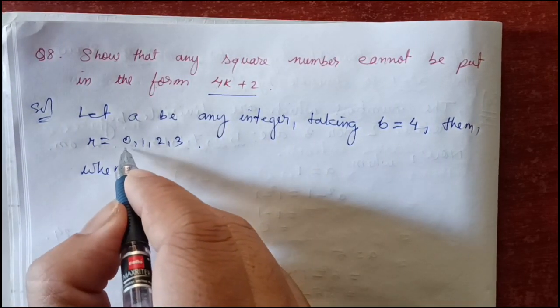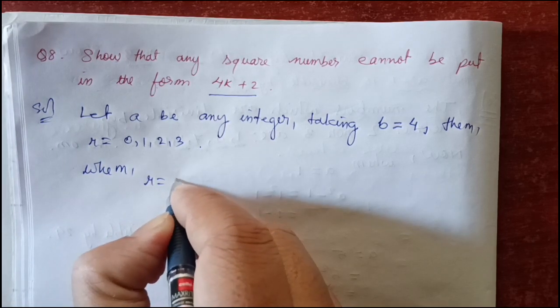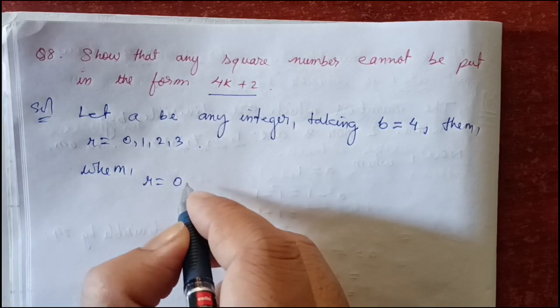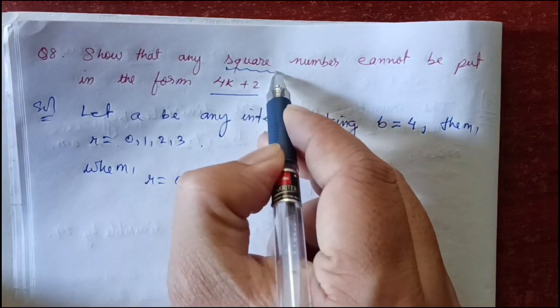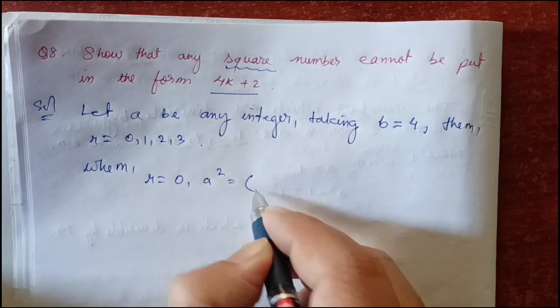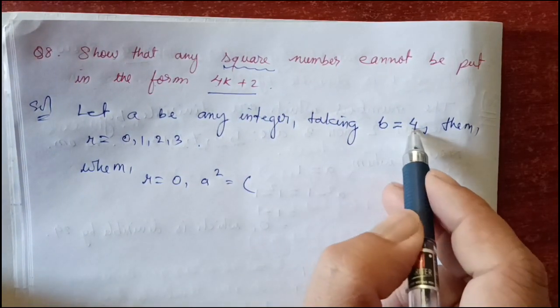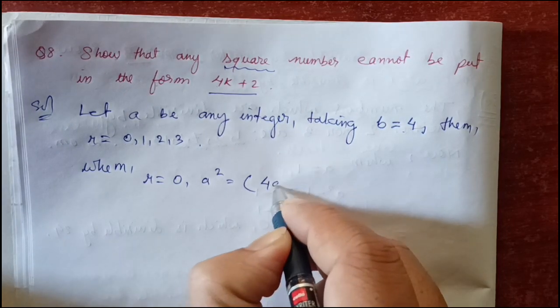Let us solve for the 0 first, when r equal to 0. So the question said take square, right? So a square. So this the number is 4. That's why we will be taking 4q.